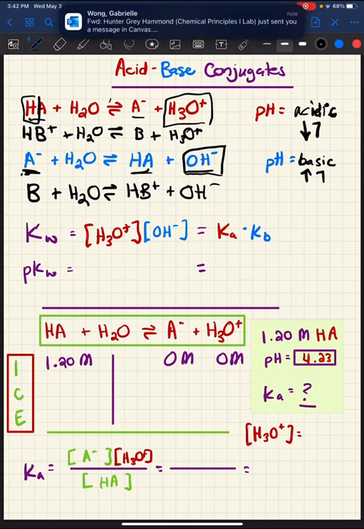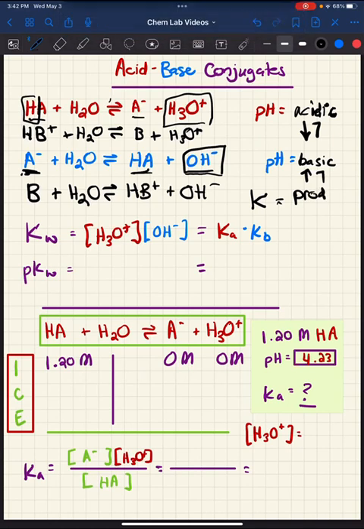And remember, K is products over reactants. All right, so that means essentially how much conjugate base and weak acid are we generating?